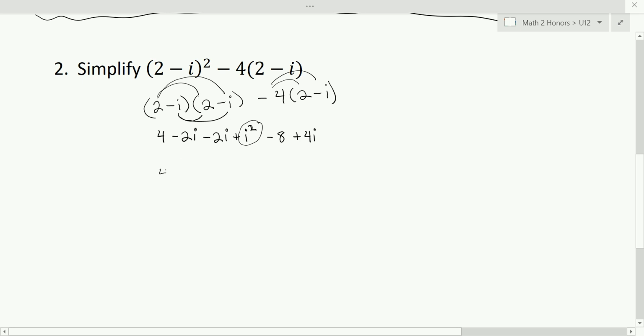So we have 4 minus 4 times i plus a negative 1, or minus 1 if we want, minus 8 plus 4 times i. And negative 4 times i and positive 4 times i add to 0. And so now we're just left with 4 minus 1 minus 8, which is negative 5. Okay.